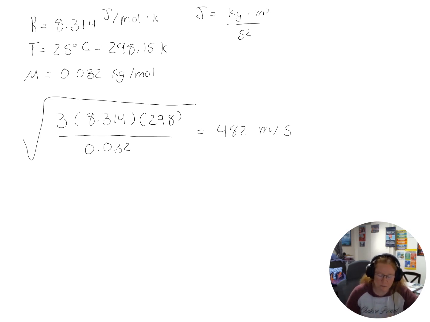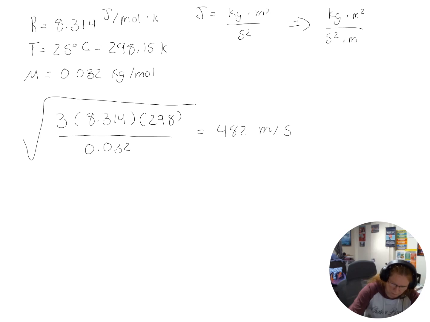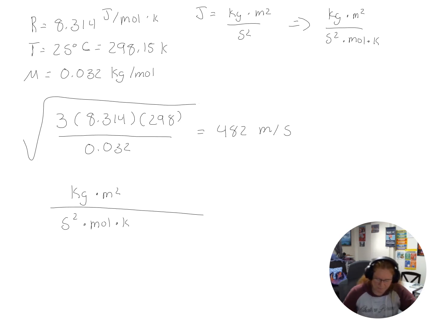So I can write this as kilogram meter squared over second squared times moles times Kelvin. Putting all of that together with the 8.314, I get kilograms times meters squared on top. On bottom, I'm going to get second squared times moles times Kelvin.